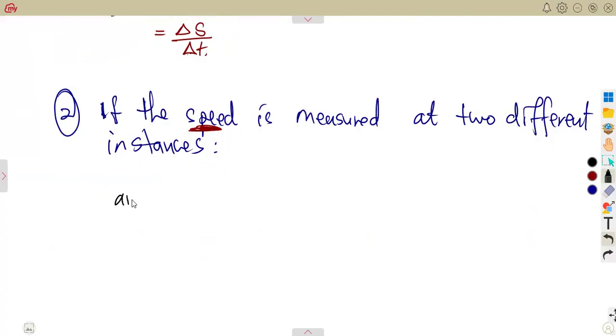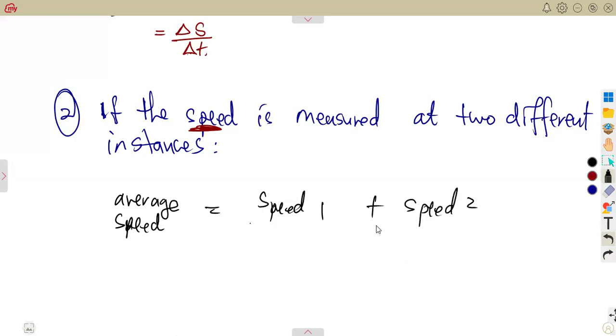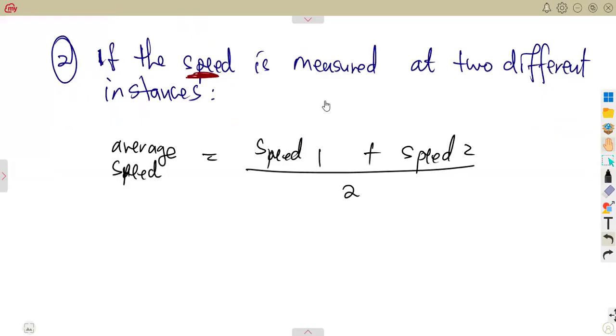So in that case, your average speed is just going to be the sum of the two divided by 2. So our average speed is going to be simply speed 1 plus speed 2 over 2. That is, if you're given velocities, you add the velocities that you are given there, then divide by 2.